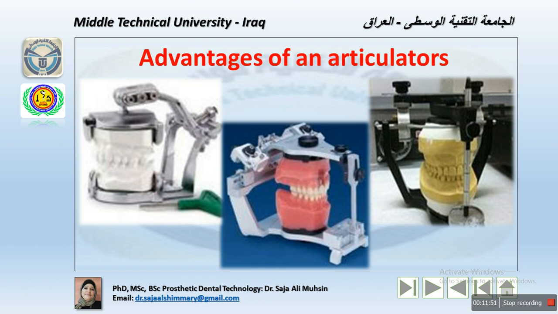Okay, now we have many patients who lack cooperation and do not like to be examined for a long time with the open mouth. So in this case we can take an impression for them, make a cast for them, and then take the maxillomandibular relationship with the face bow and transfer this to the articulator.